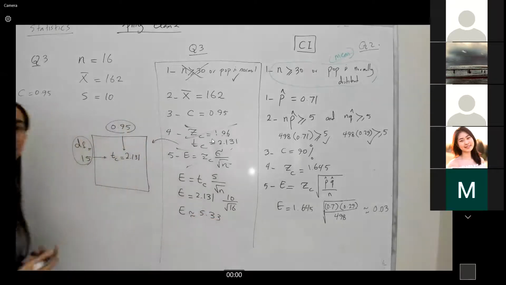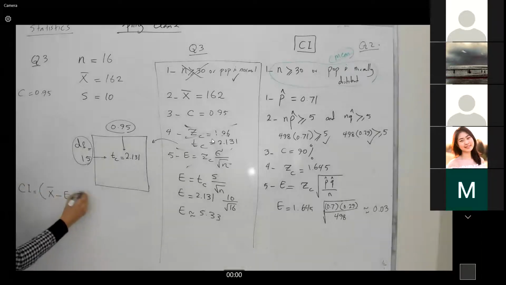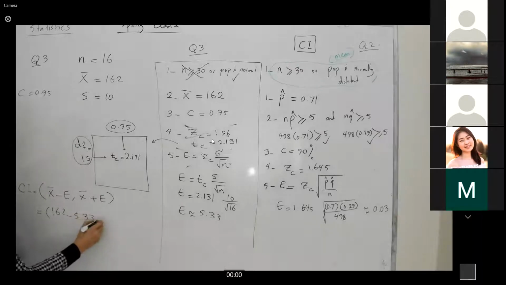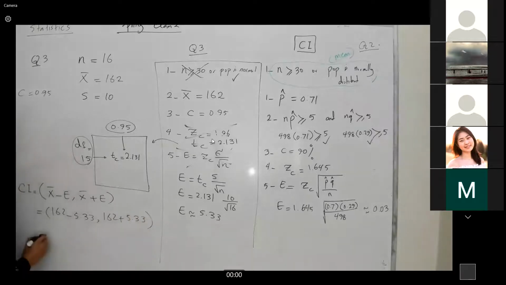5.33. Now you can construct your confidence interval: x bar minus E, x bar plus E. X bar is 162 minus 5.33 and 162 plus 5.33.